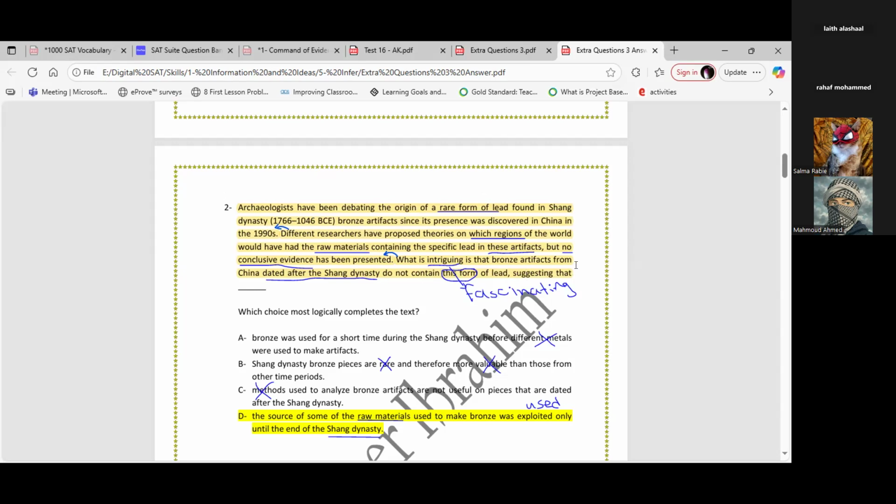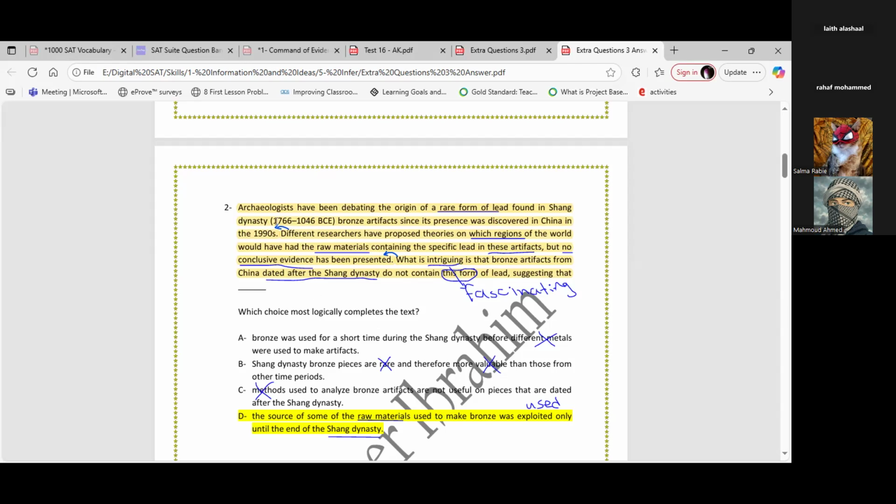Suggesting that bronze was used for a short time, maybe during the Shang dynasty, despite that it's not short at all. Before different metals were used to make artifacts, we didn't say anything about different metals. It wasn't mentioned. Don't bring in inference out of the topic.